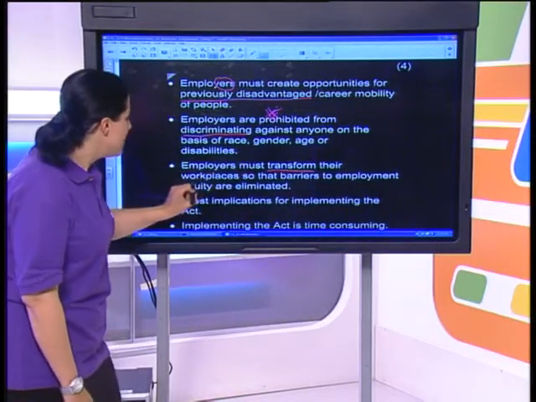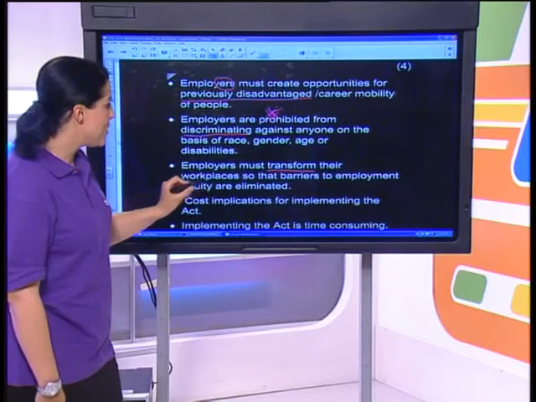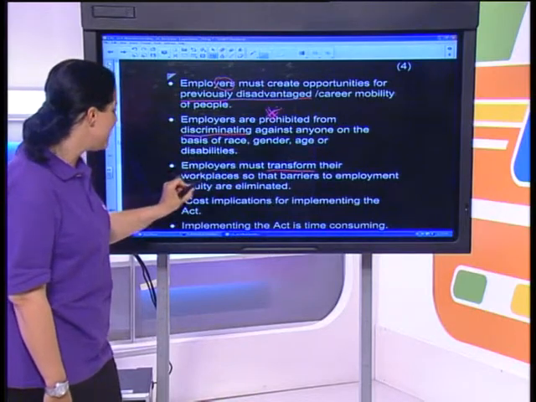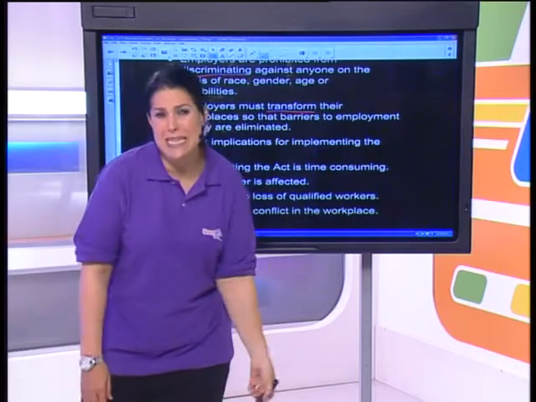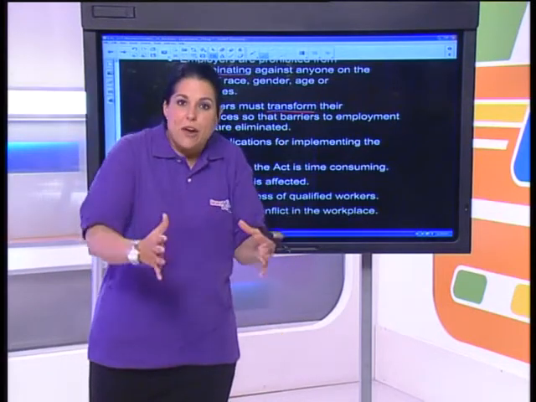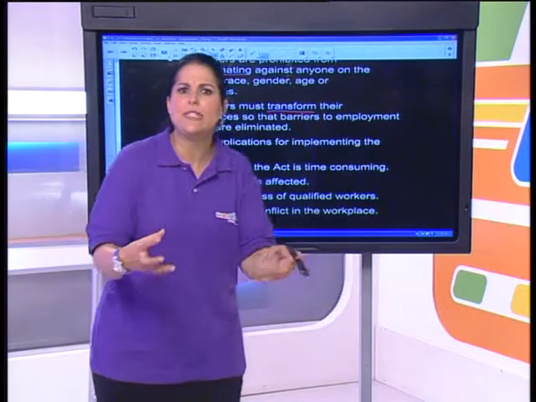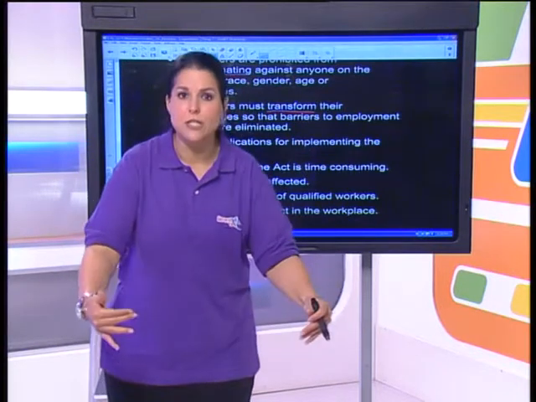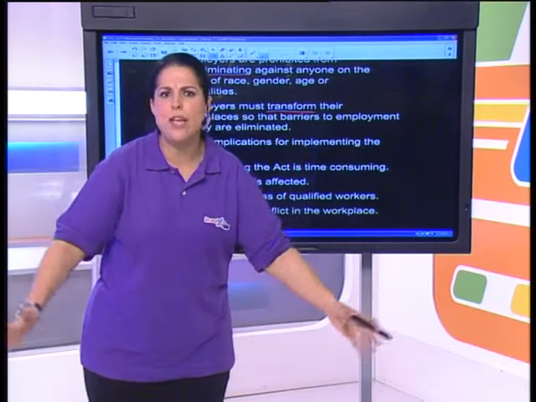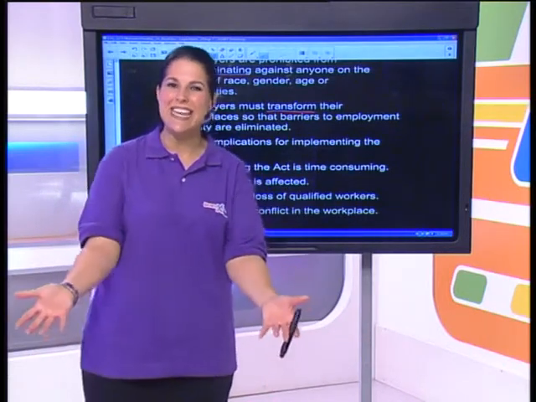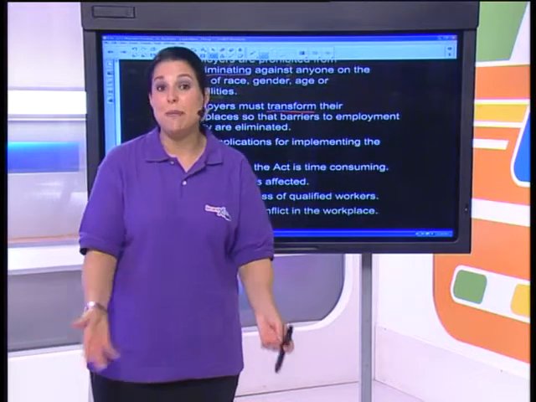So we must transform our workplace so that barriers to employment equity are eliminated. What does that mean? When there's a barrier, it means I cannot enter. It's closed. And we're saying we want management to break away those barriers so everyone can enter into this workforce and be equal.